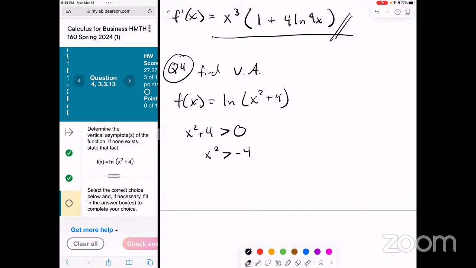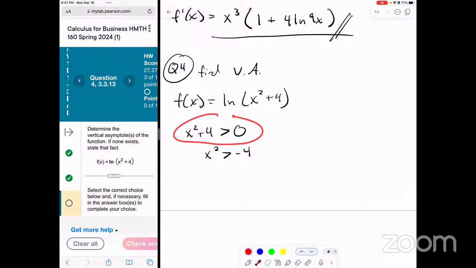For instance, when I'm looking at this line here, we have a quadratic that's been moved up by 4. When is that positive? Well, it's always positive. It never crosses the x-axis, and it's always above the x-axis. So something like this tells me that that line says the domain is all reals.